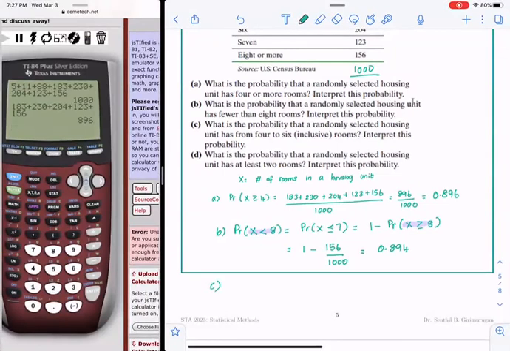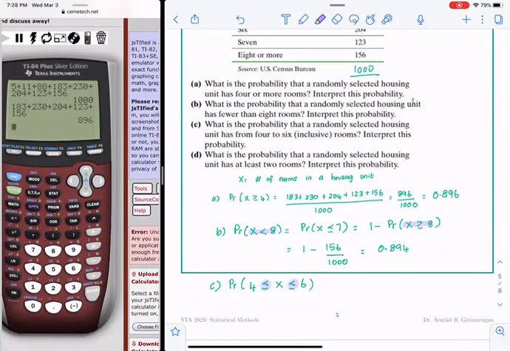Part C, what is the probability that a randomly selected housing unit has from 4 to 6 rooms? So that would mean probability of 4 less than or equal to X less than or equal to 6. In other words, that equal sign indicates that we are including 4 and 6.